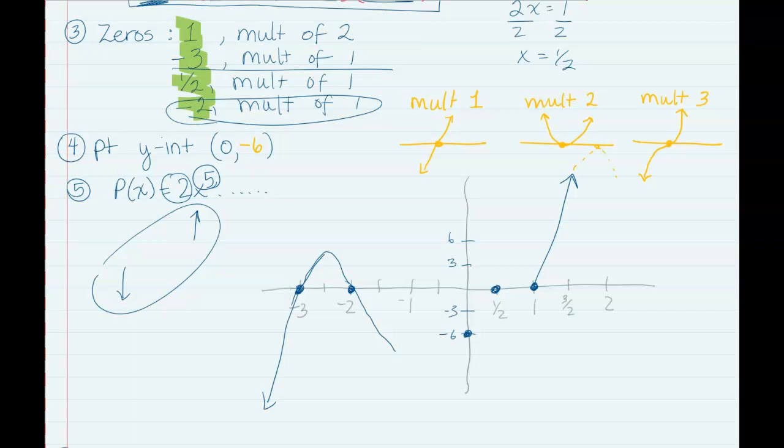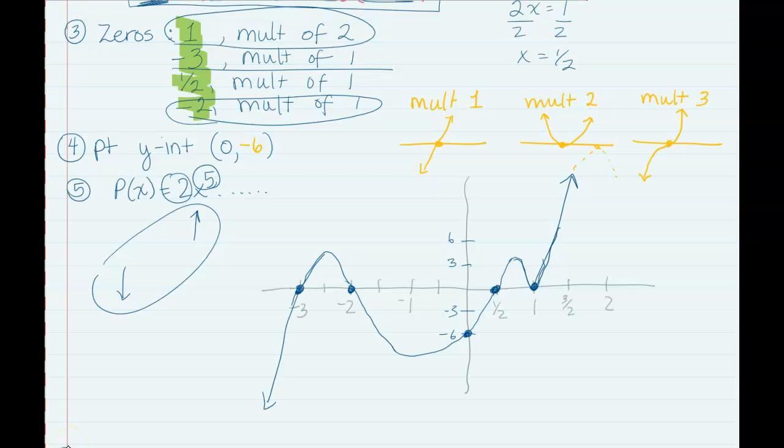And notice my next 0 is over here, so I have to get over there, go through my y-intercept, go to here to half, which has a multiplicity of 1, so I need to go through it. But notice at 1, I have a multiplicity of 2, which says I need to come back down and bounce and go back up. So notice I try to make this curvy, because your graph should not have any straight peaks or anything. It should be a smooth curve.